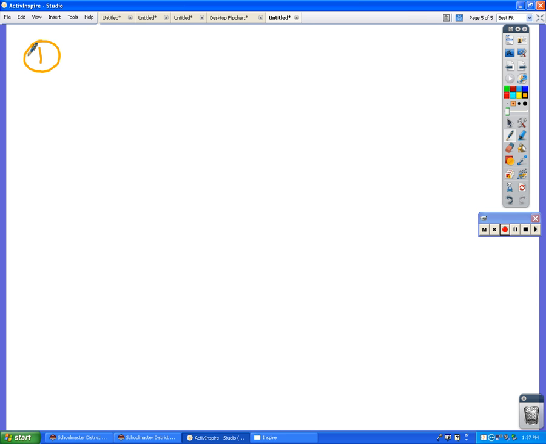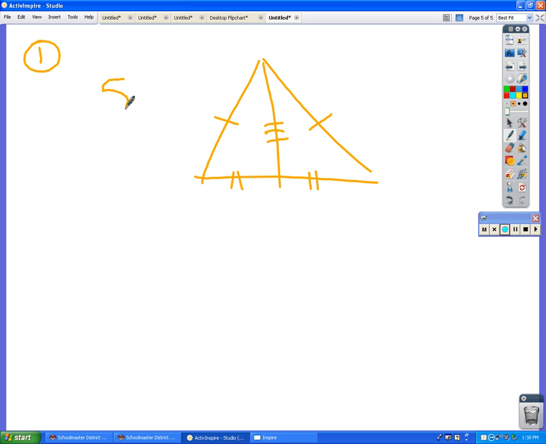SSS, yes, because they told you that this side is the same as this side, that side is the same as that side, so there's two of our S's. Where did you get the third S from? The same side. Right, the thing in the middle is congruent to itself, so that means it must be the side postulate or conjecture right there.